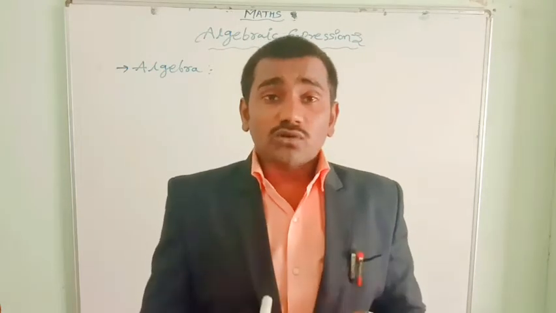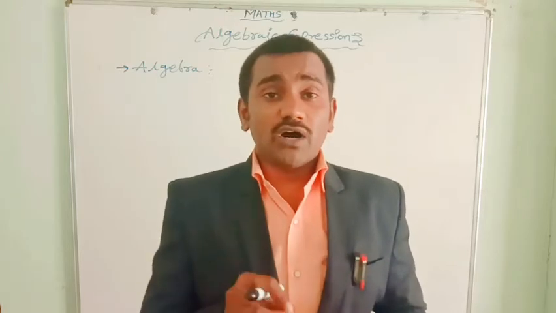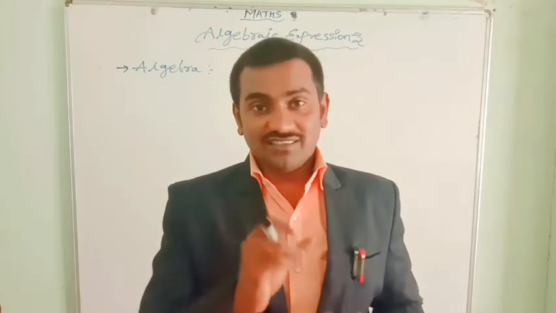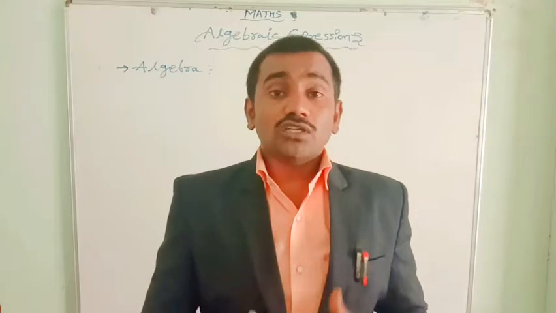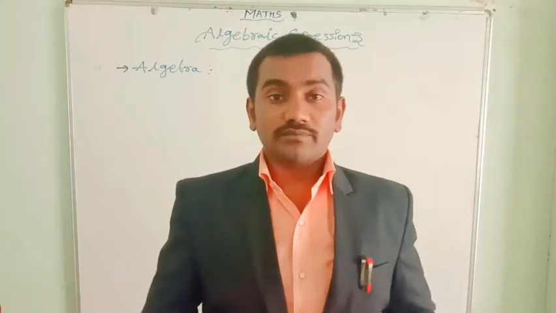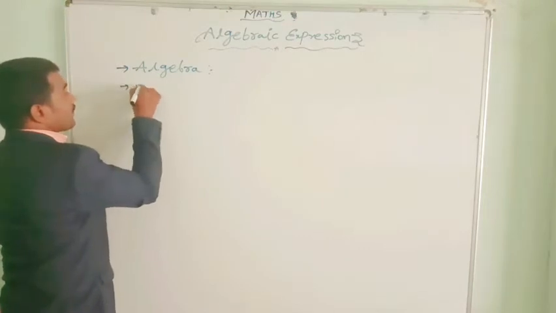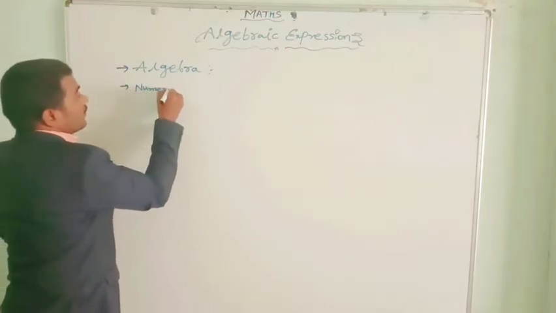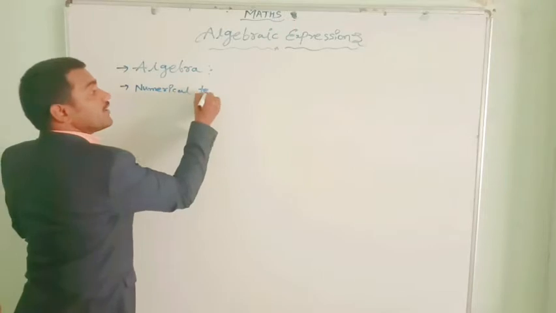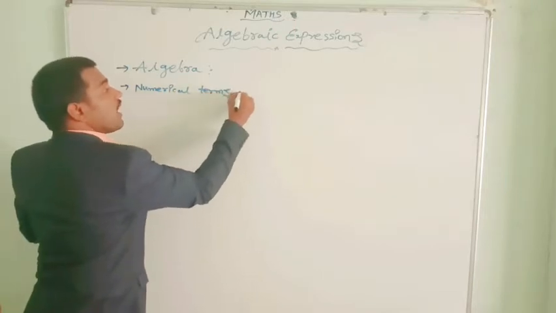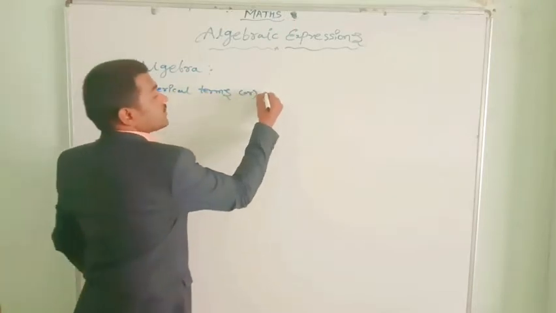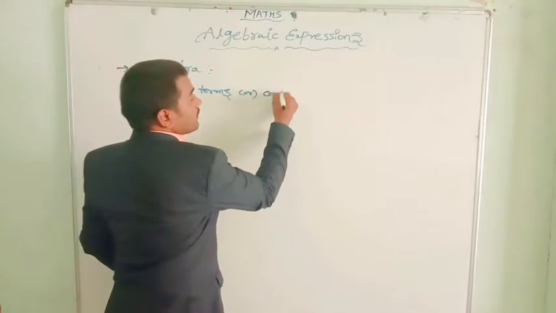So as I said in the definition of algebra, numerical terms or constant terms and variable terms. Let's know the meaning of numericals and variables. So we go for numerical terms.